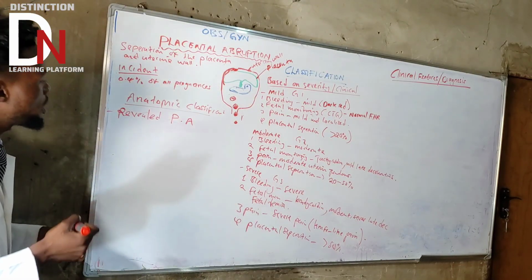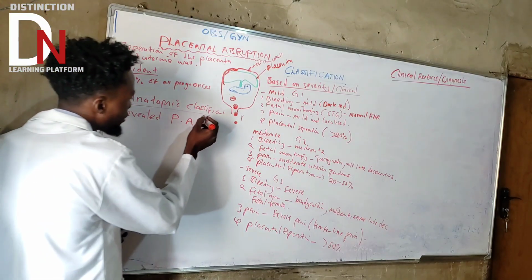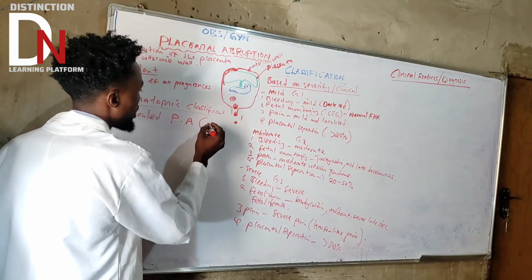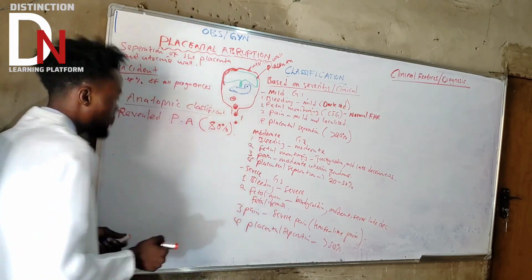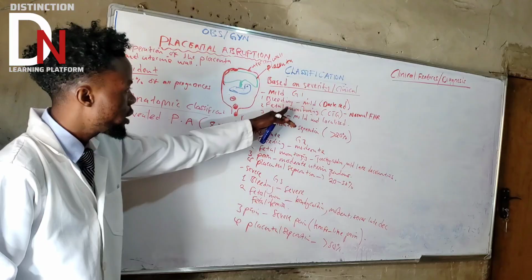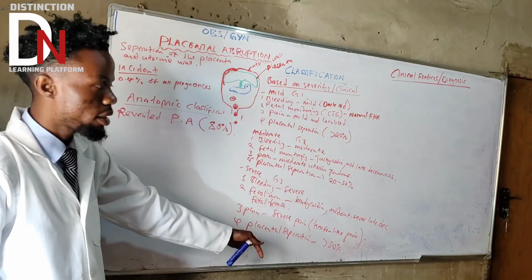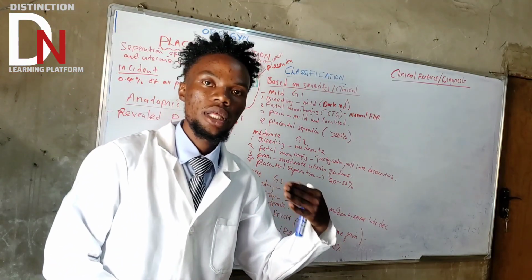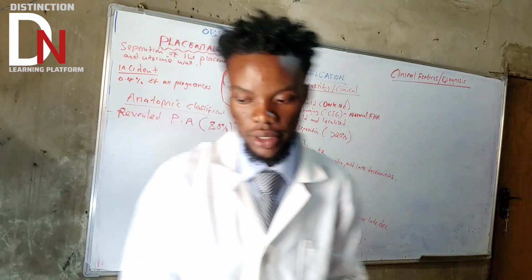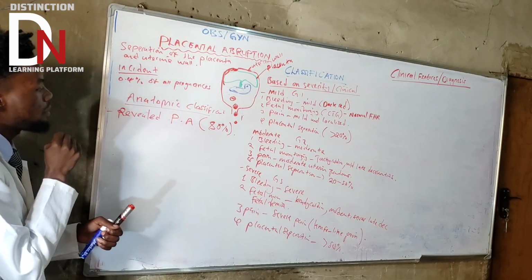Revealed placental abruption is the most common one, and it carries about 80% of cases. Here the most common one is mild, but the severe ones are rare. If they happen, they increase the risk to the patient.